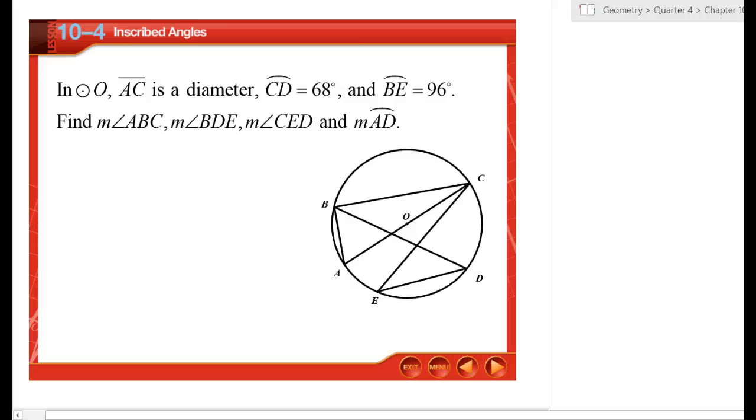So now we got kind of a lot going on. Make sure you're labeling your diagram. AC is a diameter. Okay, good to know. Arc CD is 68. Arc BE is 96.